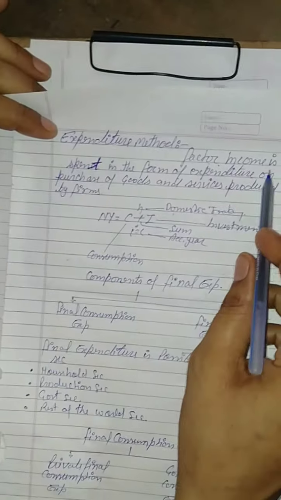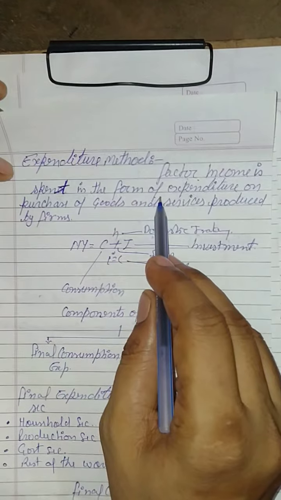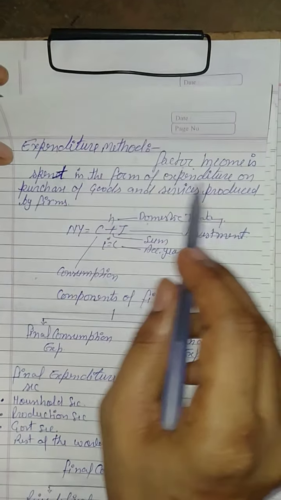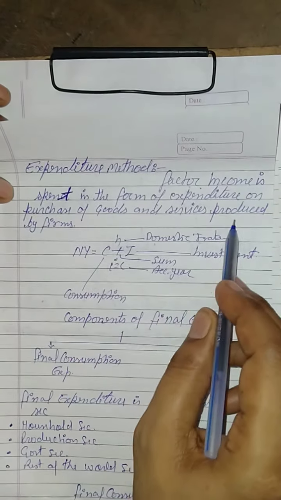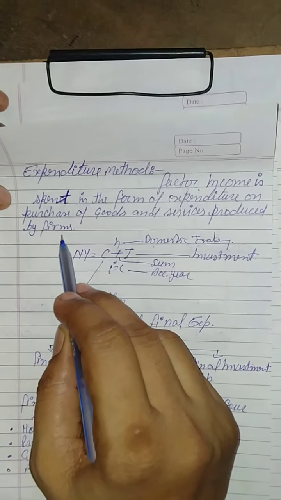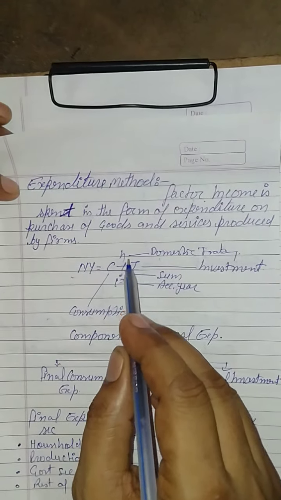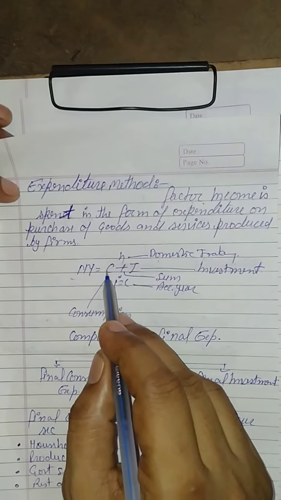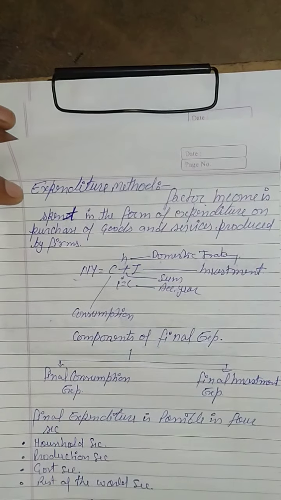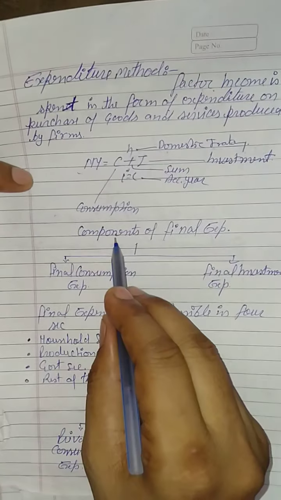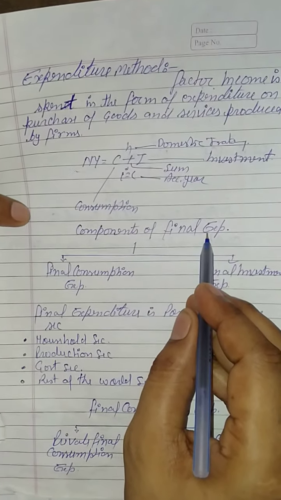Expenditure method: the factor income is spent in the form of expenditure on the purchase of goods and services produced by the firm. Or national income in the domestic territory in an accounting year, the sum of consumption and investment is called national income. Components of final expenditure.